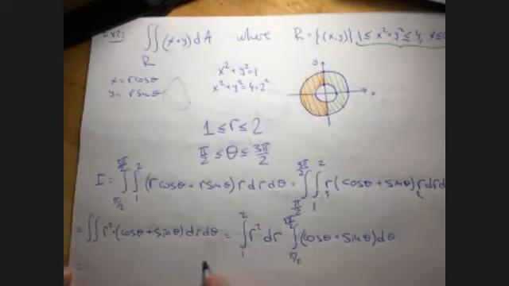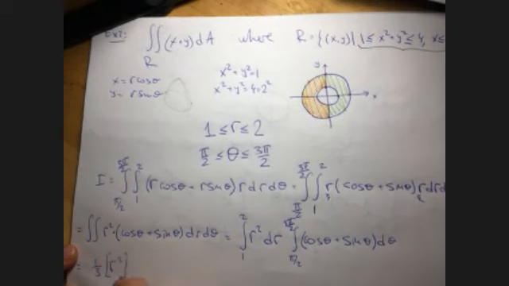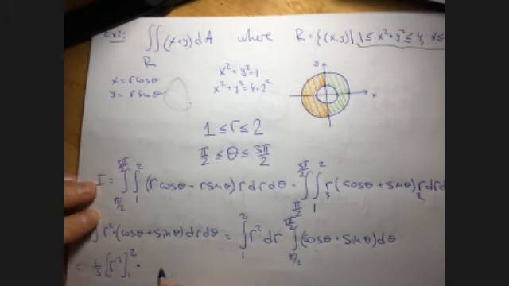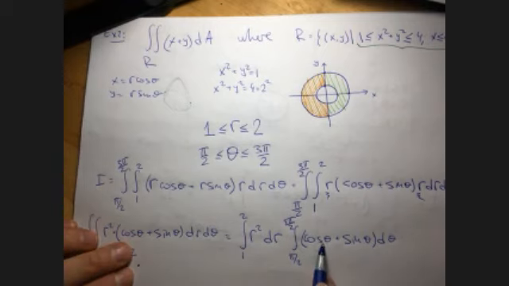That's the property that we learned last class. And now this is very easy. 1/3 r cubed from 1 to 2, and that's 7/3, right? 2 cubed is 8, minus 1 cubed is 1, 8 minus 1 is 7/3, times, let's see what is going to happen with this one: integral of cosine is sine of theta, integral of sine is minus cosine of theta, from pi over 2 to 3 pi over 2.